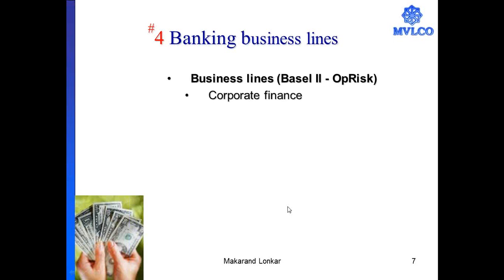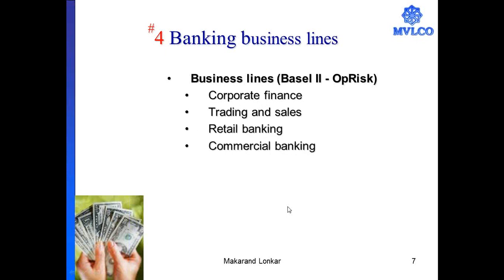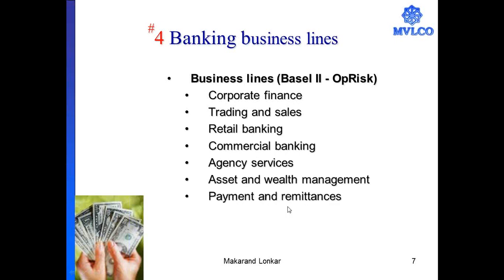The first one is corporate finance. The second one is trading and sales. The third is retail banking. Fourth is commercial banking. Fifth is agency service. Sixth is asset and wealth management. Seventh is payments and remittances. And the eighth is retail brokerage.